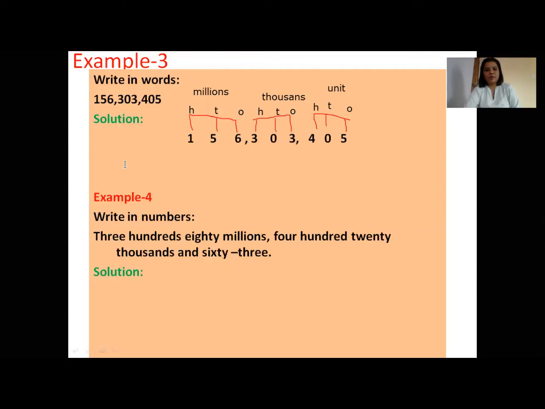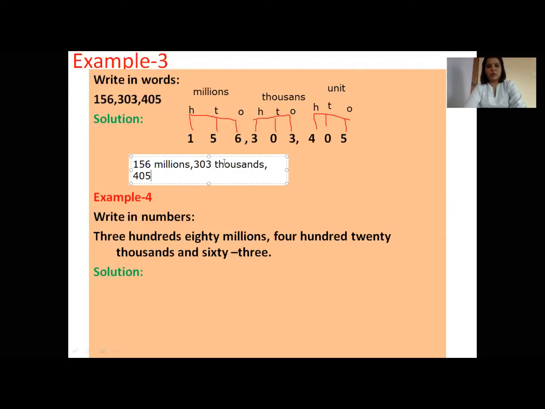So we'll write the number as 156 millions, comma, 303 thousands, comma, 405.